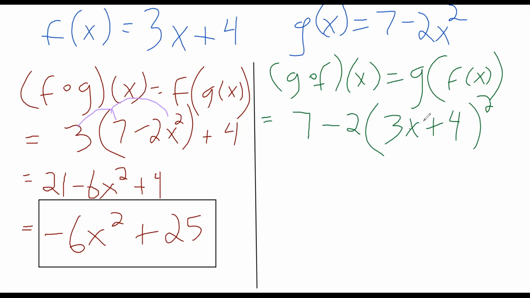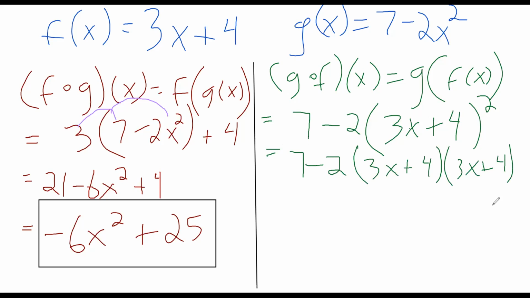Now remember, squaring something means you multiply it by itself. So I'm going to do 3x plus 4 times itself. I'd use FOIL here.